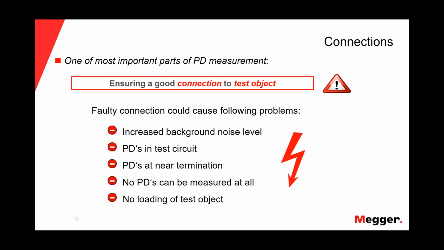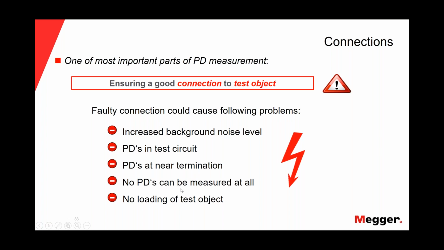we'll be very careful doing all the connections between the cable under test and our unit, because a faulty connection could cause an increased background noise level, or maybe we could create partial discharge in the circuit. We can put partial discharge in the circuit by doing a faulty connection, or maybe we'll create a partial discharge at the near termination.